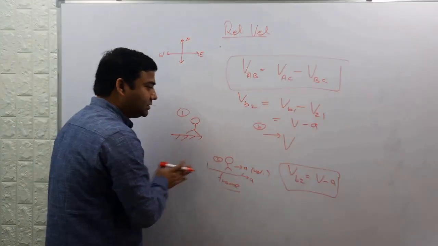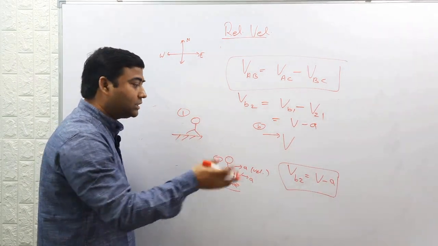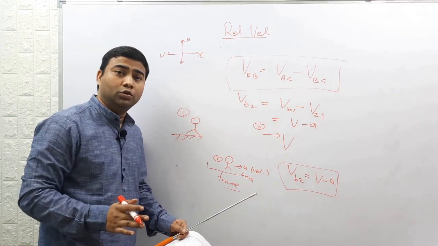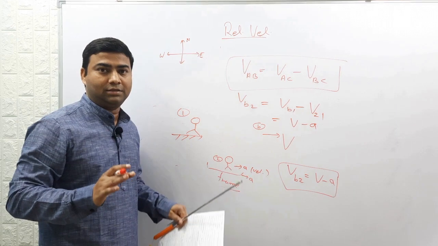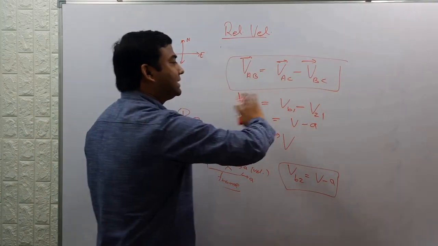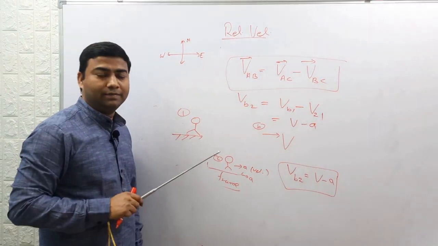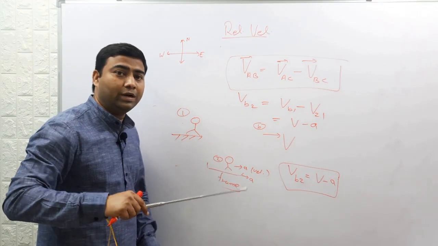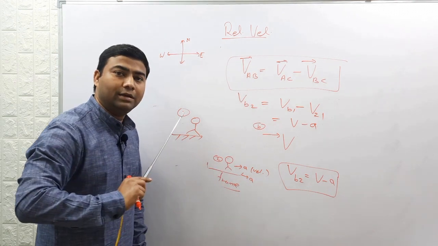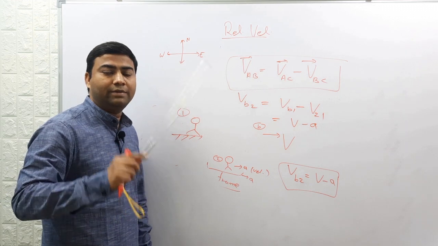I have explained a very simple example where both were moving in the same direction, just for understanding purpose, but these are vector equations and they are true for vectors in all directions. Just remember, these vector equations are true for vectors in any direction, not only in the one direction which we are discussing here. We are discussing one direction only to understand properly. Vectors can be in any direction, 360-degree.